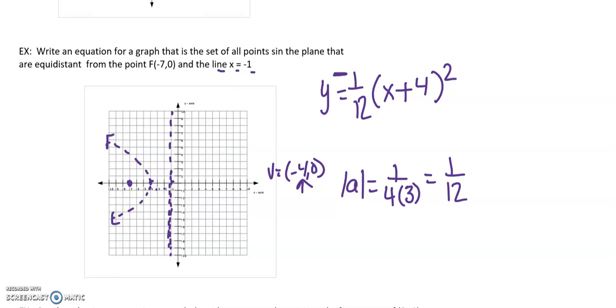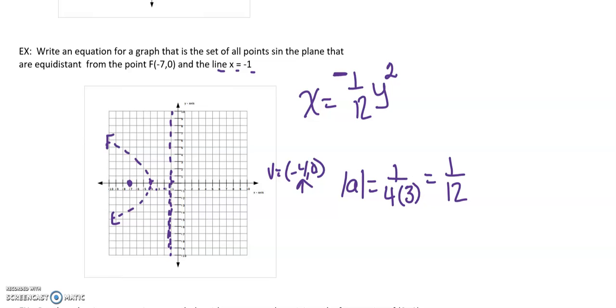Does it open on the y? No, it does not open on the y. So it's not a y equals, and this is not x minus anything inside. Okay, so let's pay attention because we gotta get this right. If it opens on the x, it's an x equals. Our a term is correct because we did that by distance. That means this is the y with the square, and since we did not move on the y, we don't have to put any plus or minus there.